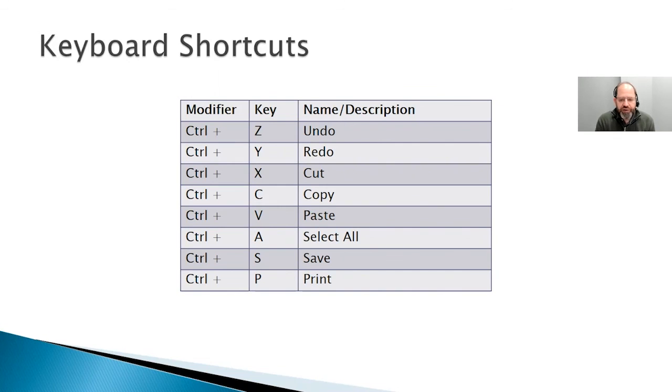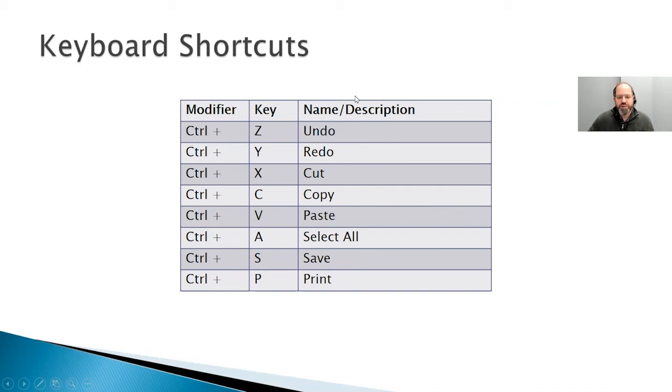In the PowerPoint here, I have a list of the most useful keyboard shortcuts, in my opinion. Control Z is your undo. Whenever you make a mistake, which is inevitable, then the Control Z is really handy.